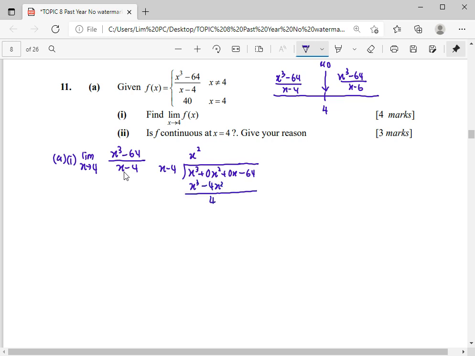So we need an x squared here to get x cubed. Then we subtract, and put a 4x in order to get 4x squared. Then we subtract our balance here, it gives you 16. So we need a 16 here.